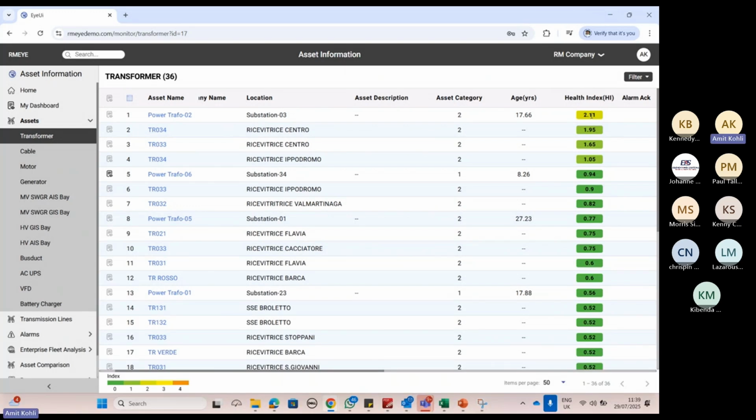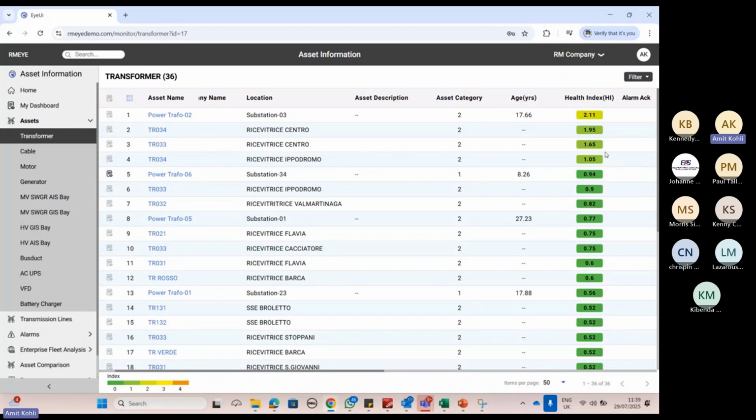at the top, I will see the transformers with the concerning health, or that have worse health than the other transformers. So out of 36 transformers, you see these four transformers: power transformer 02, TR034, TR033, and TR034 in another substation.